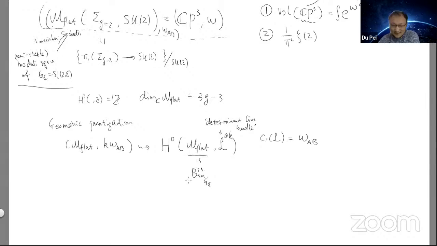So in the case of CP3, L will be something very simple. It will just be the O(1) line bundle over CP3.